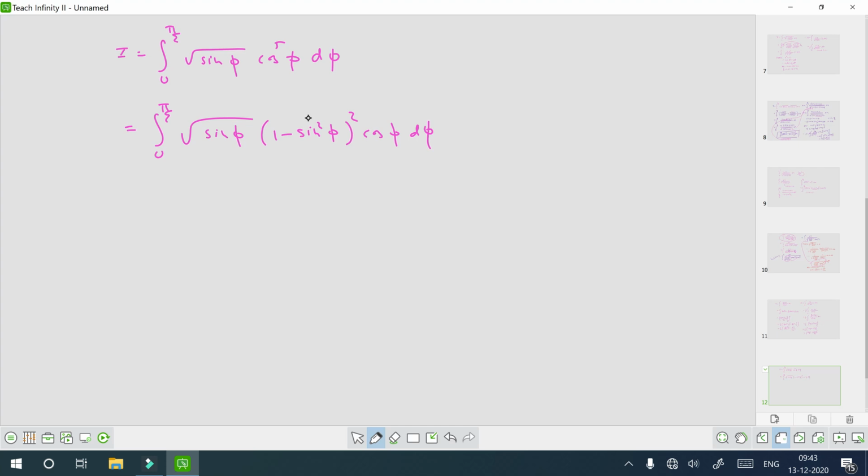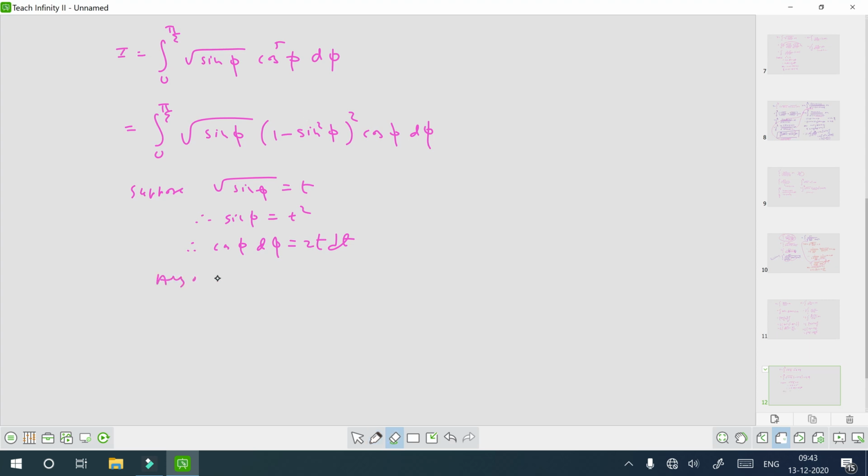Converting into that form. Now take root sine phi is equal to t. Suppose root sine phi is equal to t. So sine phi is equal to t square. So cos phi d phi is equal to 2t dt. Yes or no? Yes.